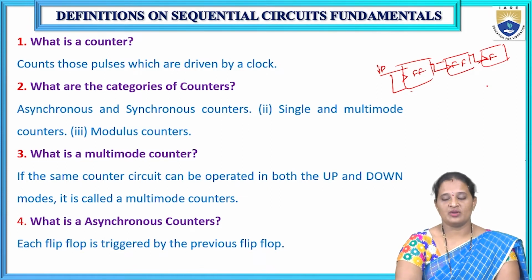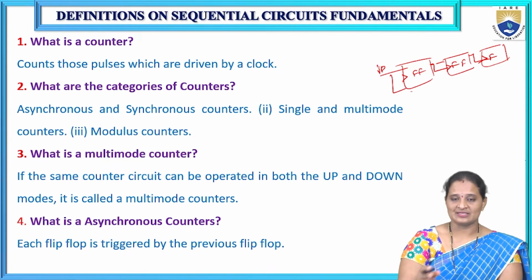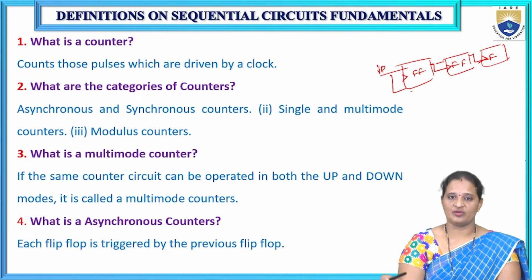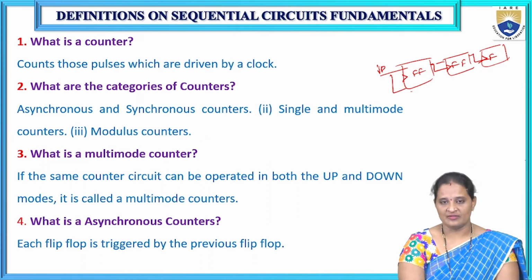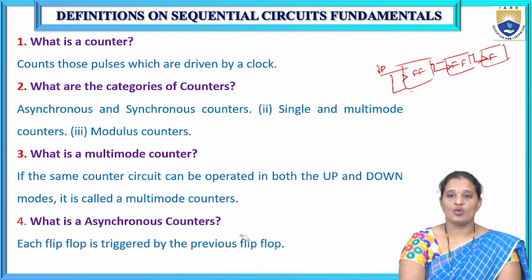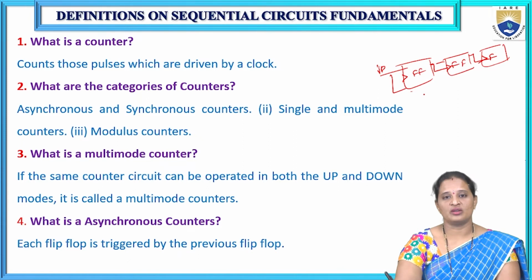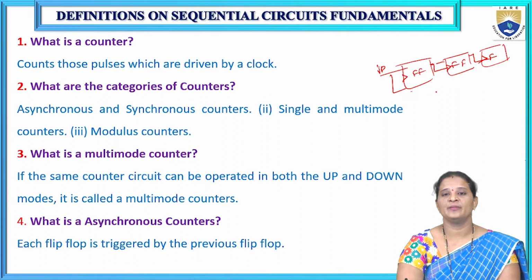You have to remember that counters are constructed or implemented using flip-flops, that means cascading the flip-flops. Cascading in the sense the output of one flip-flop is given as input to the other flip-flop. While giving the output of one flip-flop to the other, if the output is given as clock input to the next flip-flop, then such counters are said to be asynchronous.